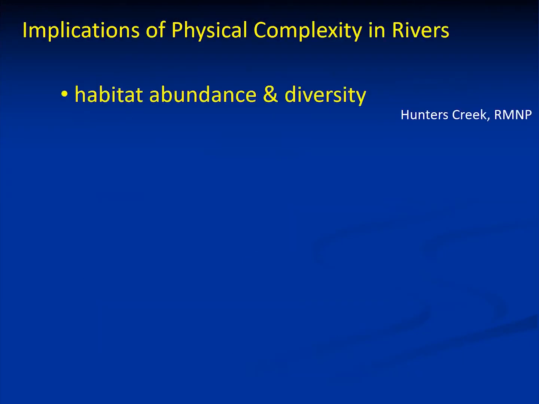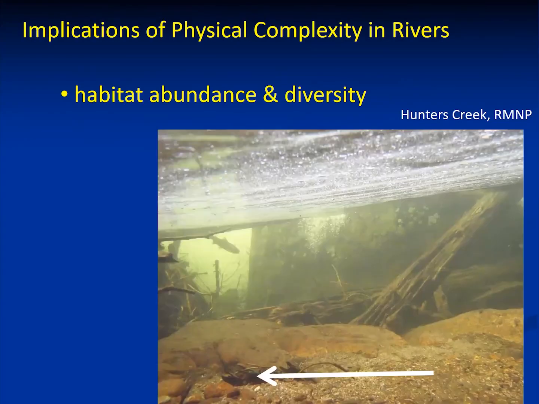Why does it matter? Well, one aspect is habitat abundance and diversity for riparian and aquatic organisms. And an example here, this is an underwater view in the backwater of a logjam. You can see the logjam a little bit at left, the big white arrows indicating flow direction. You can see some very coarse material on the bed substrate, and the big gray mass at the back of the photo is a huge boulder that protrudes above the flow.